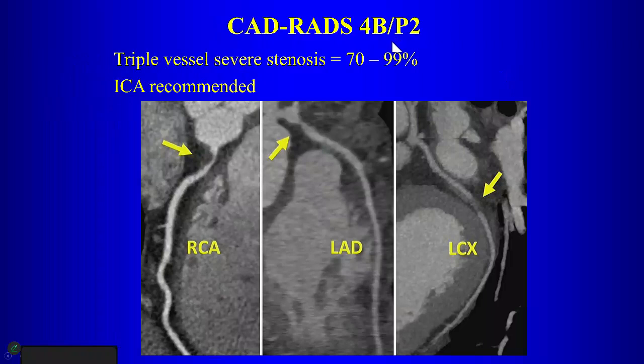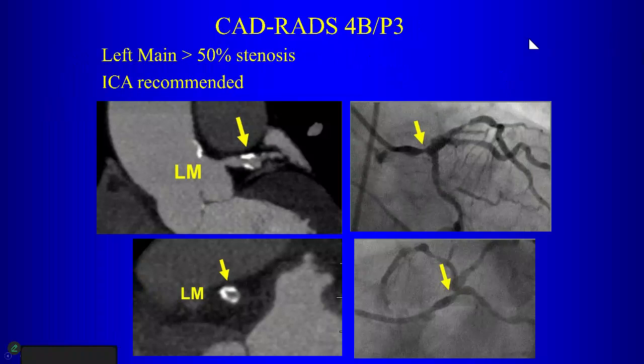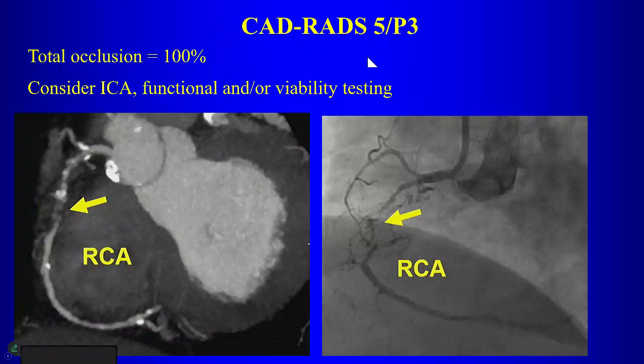If we have CAD RADS 4B, this is if we have triple vessel disease. So here invasive coronary angiography is recommended. And then another category for CAD RADS 4B is if there's greater than 50% stenosis of the left main coronary artery. So here invasive coronary angiography is also recommended for further evaluation.